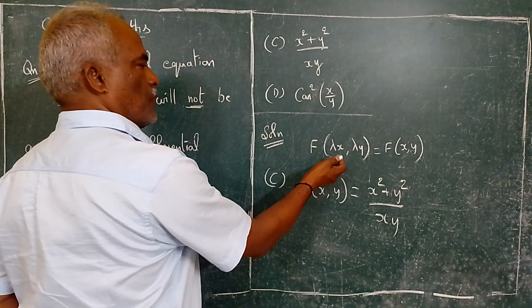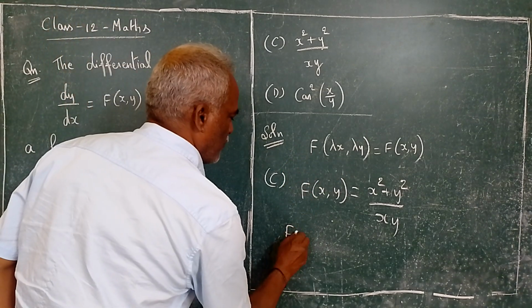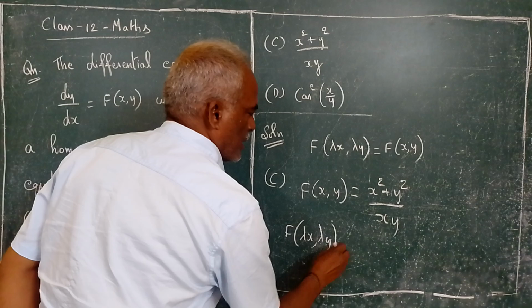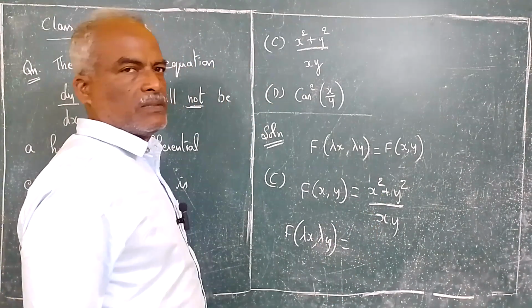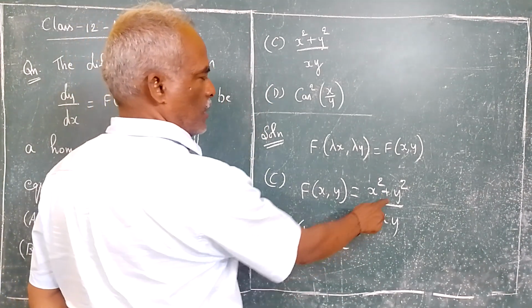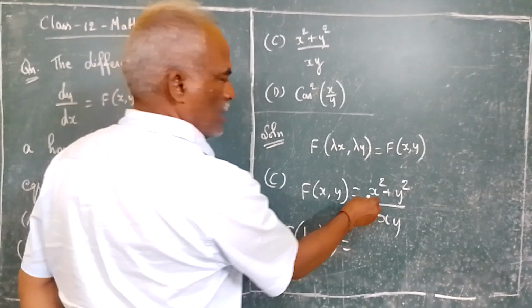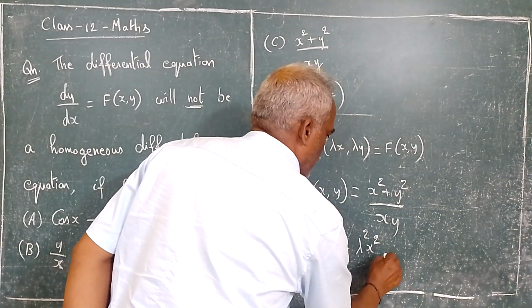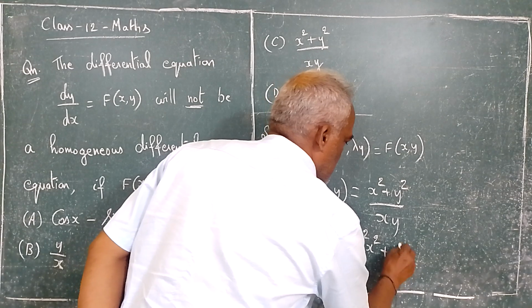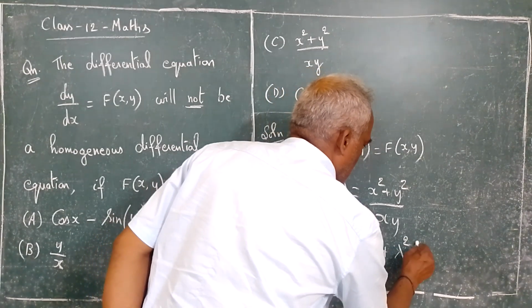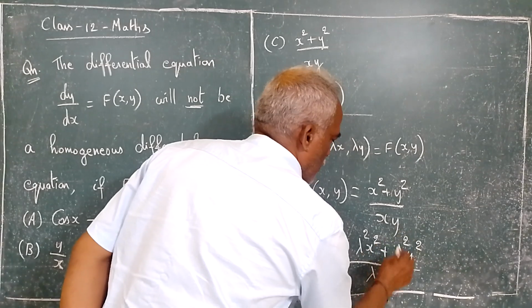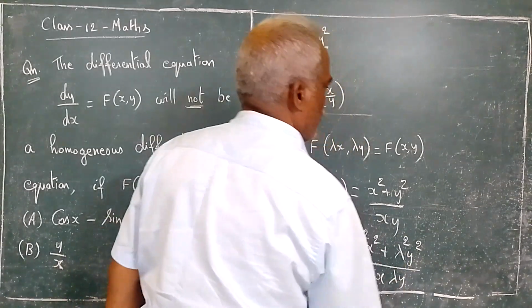Now we have to test for this case, that is f of lambda x comma lambda y. x is replaced by lambda x, similarly y is replaced by lambda y. So x square means lambda square x square, y square means lambda square y square, by x is lambda x, y is lambda y.